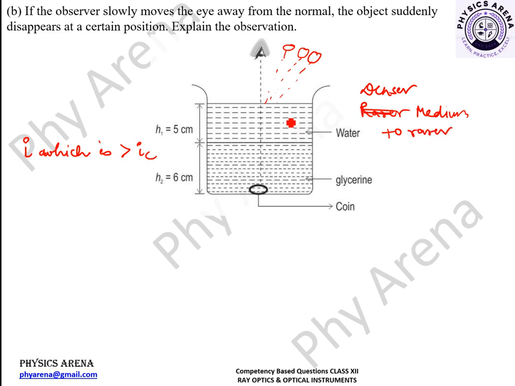Glycerine is denser, water is also denser, and air is rarer. So in both the cases, the ray is moving from denser to rarer. And there will be an angle of incidence i at which the total internal reflection will take place. And when TIR will take place, no ray will be coming out of the beaker and the coin is not visible.